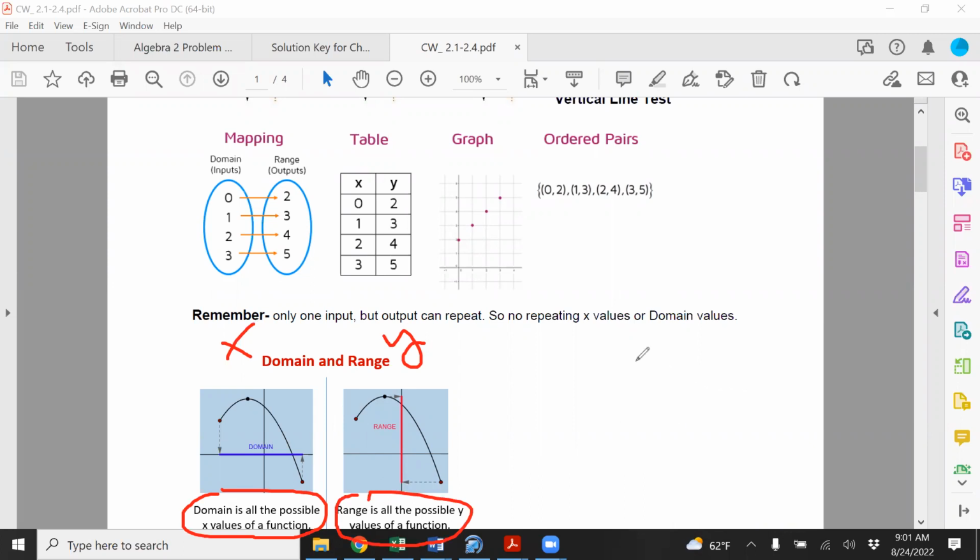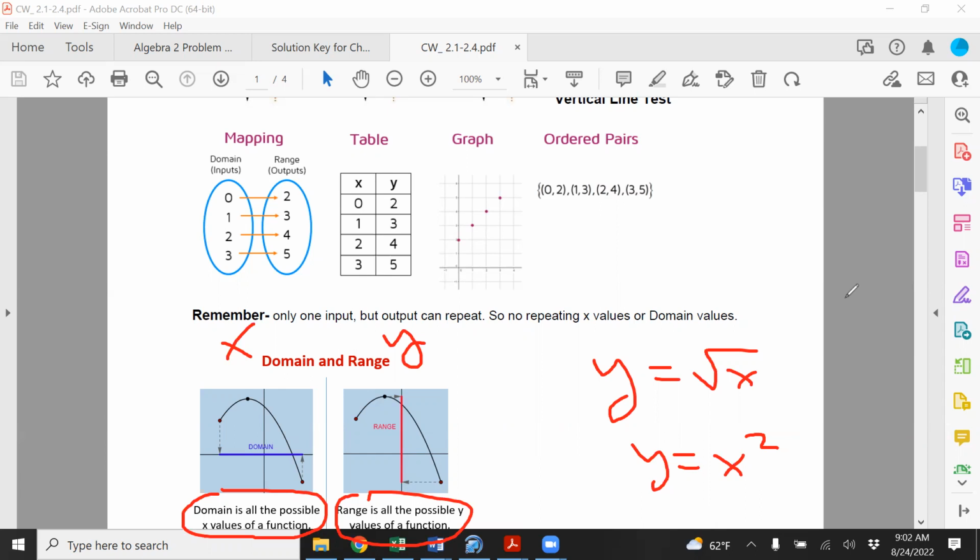So let me give you some examples here. Y equals root x, y equals x squared. I'm going to graph this in Desmos. We're going to answer these questions about domain and range. Wait, so is y just the highest point of y and the lowest point of y?